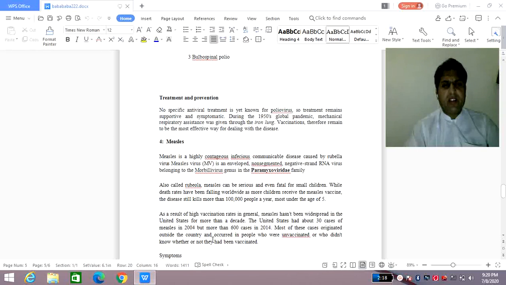Then we discussed measles, which is also a problem. We discussed in detail that measles vaccines are available and we can easily treat this problem, and we have to properly vaccinate our newborn babies and children, with the first dose recommended at the age of 9 months and the next dose at the age of 15 months.